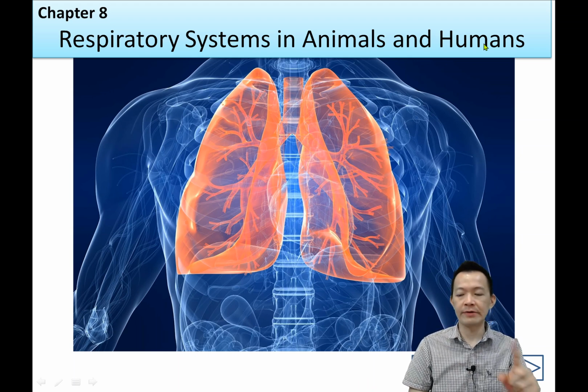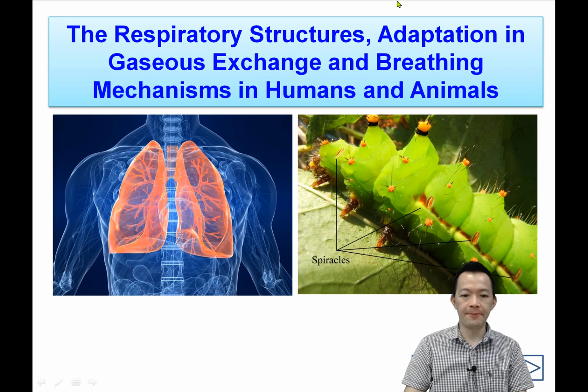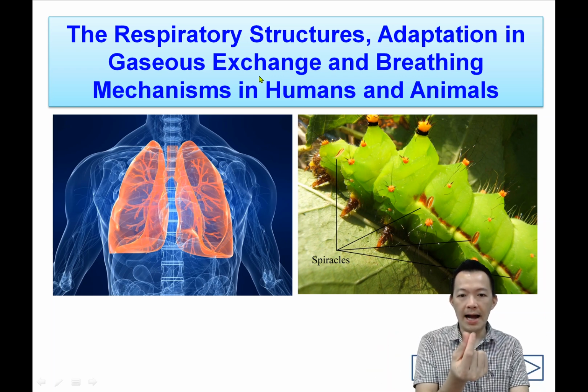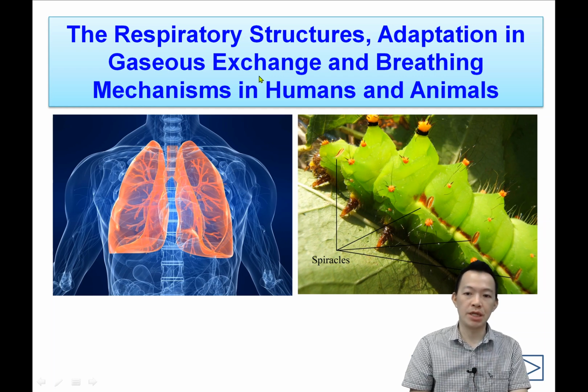来，our first title, 第一个 title 开始了。The respiratory structures. So what are the structures they use to breathe? 呼吸的结构。Adaptation in the gases exchange. So to exchange the gas, 吸进氧气，呼出二氧化碳。So how are the structures adapted? 它的身体的结构怎样适应自己 for it to breathe or for it to exchange the gas rapidly?